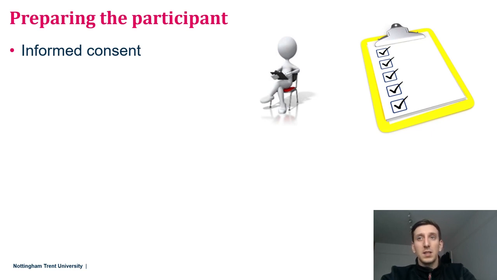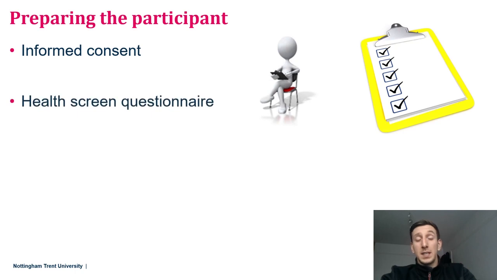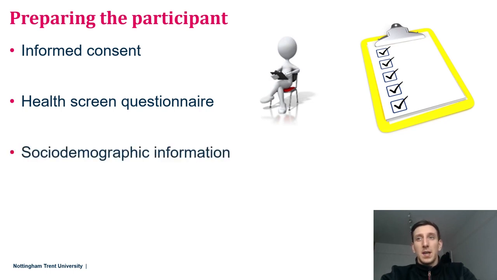And then once they've signed this, we need to get them to fill in a health screen questionnaire. And again, this is just to make sure that they're physically able to undertake the exercise testing without any serious adverse effects. Okay, and then once we've done that, we need to start getting their important socio-demographic information.